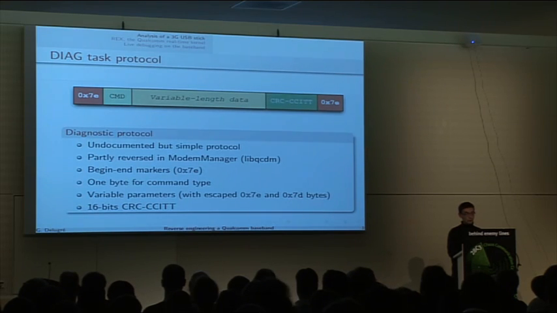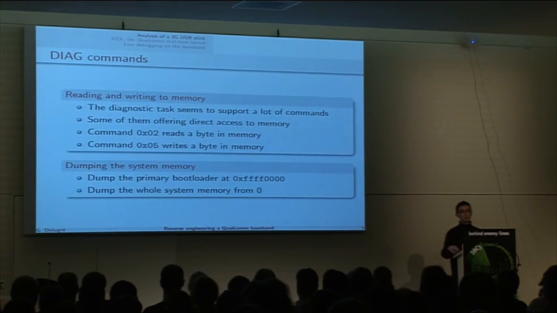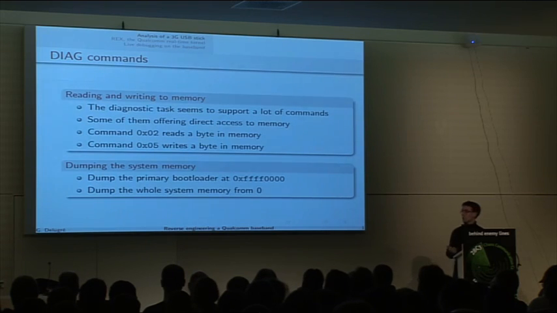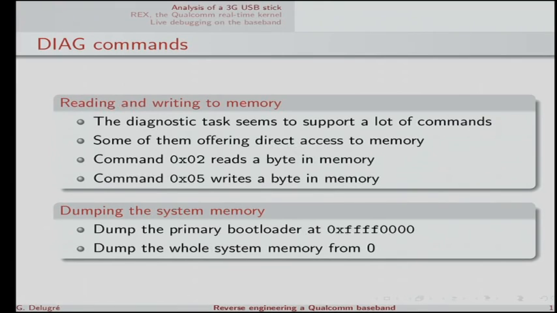There are a lot of commands in this diagnostic mode, and some of them offer direct access to the baseband memory. For example, command 2 reads a byte in memory, and command 5 writes a byte in memory, but there are hundreds of commands.